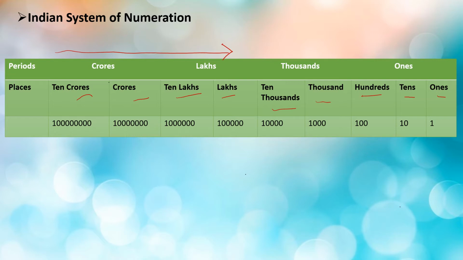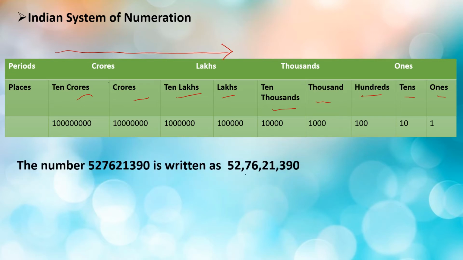Okay, so let us look into an example. If you look into this number, 527621390, and you are asked to write this particular number in the Indian system of numeration, how will you write it? I'll just tell you.